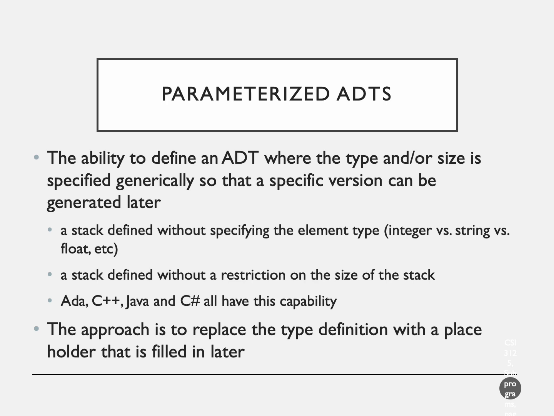For example, imagine creating a stack where you don't specify whether it will hold integers, strings, or floating point numbers. You define that stack generically and later decide what type to use. Similarly, you can design it without fixing the stack's size ahead of time.